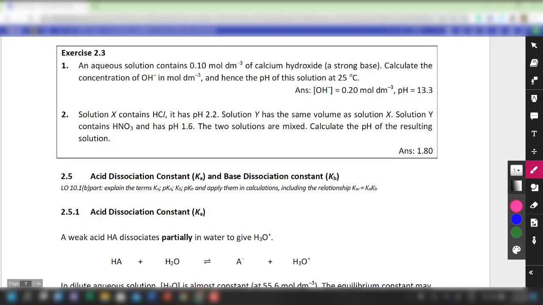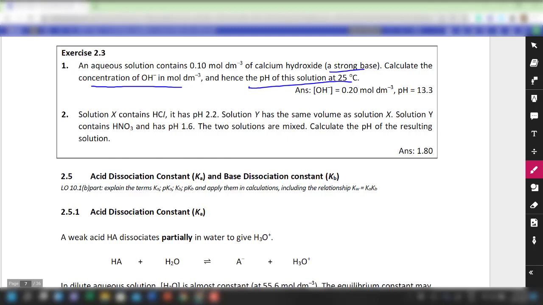For exercise 2.3, we have an aqueous solution that contains 0.10 moles per dm cube calcium hydroxide. You are told that it's a strong base, and you're supposed to calculate the concentration of OH minus in moles per dm cube, and hence the pH at 25 degrees Celsius.